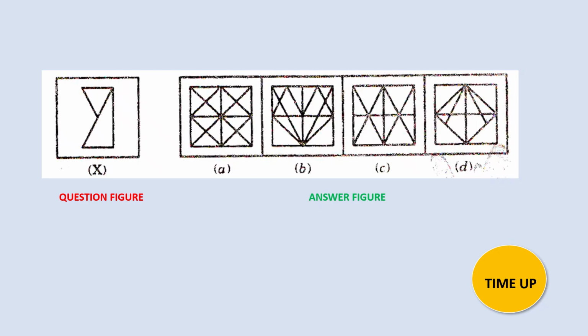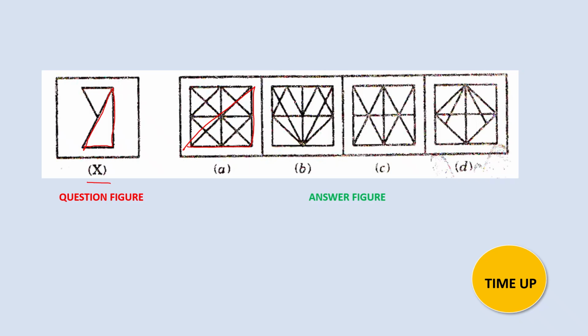Okay, time up, students. See whether you can see the exact replica of the X image in the given four options. Check the A option first. In option A, you can't find this triangle only. This triangle you can find, but it is a little bit smaller than in the X figure.